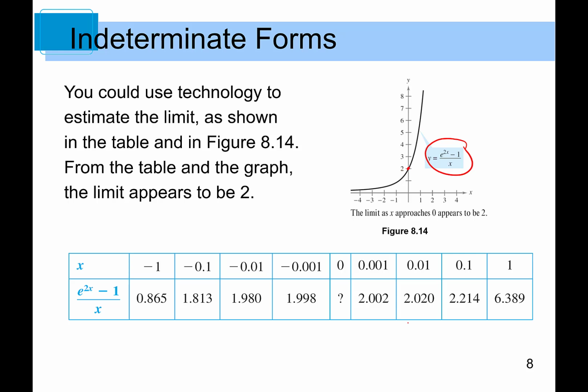If you look at the table, pick some values from the left hand side of 0 and some values from the right hand side of 0, and you also see the pattern. From the left hand side, the numbers get closer to 2. From the right hand side, the numbers get closer to 2. So as you can see, you probably will figure out that the limit as x approaches 0 is equal to 2.